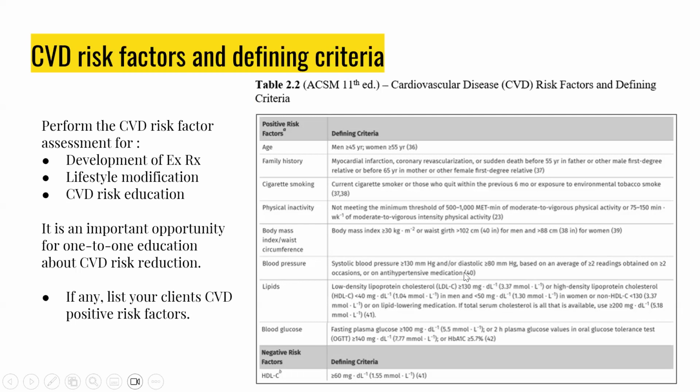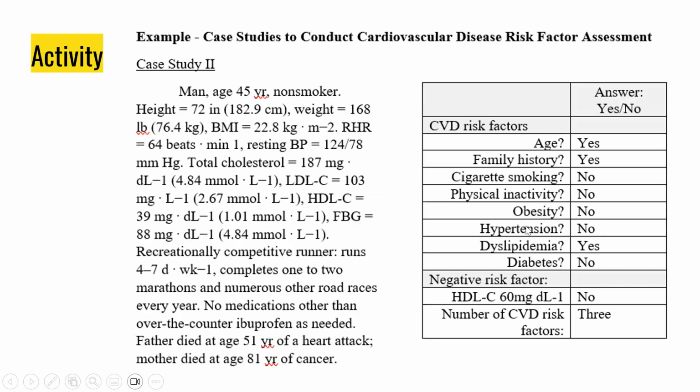Over here. LDL 130, high density lipoprotein cholesterol less than 40, and less than 50 for women, and total serum cholesterol over 200. So it's a little bit high, the LDL and total cholesterol.